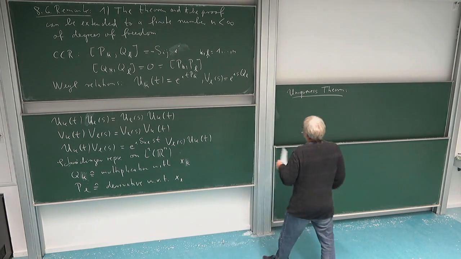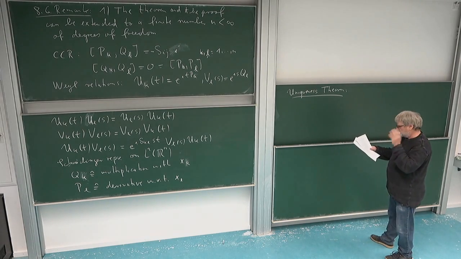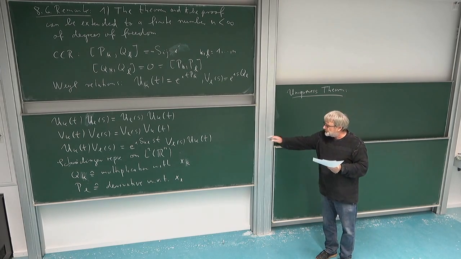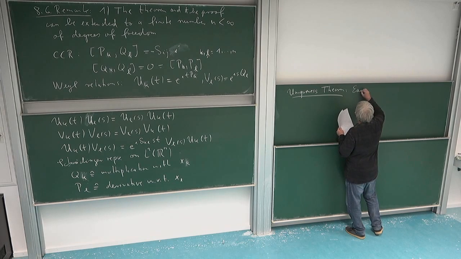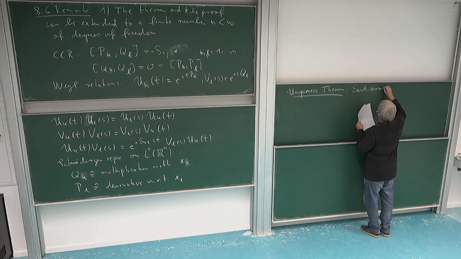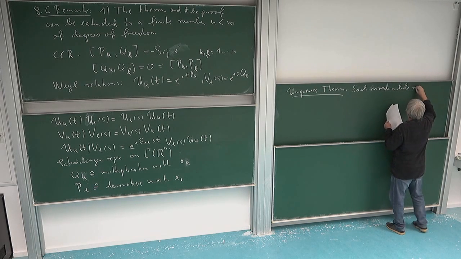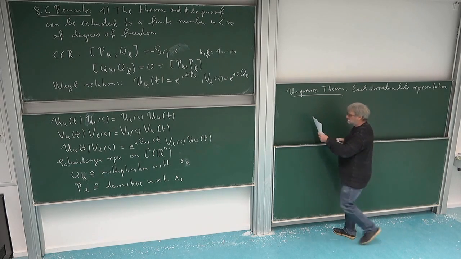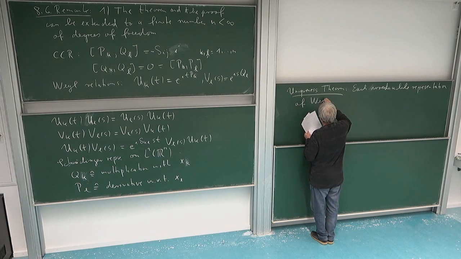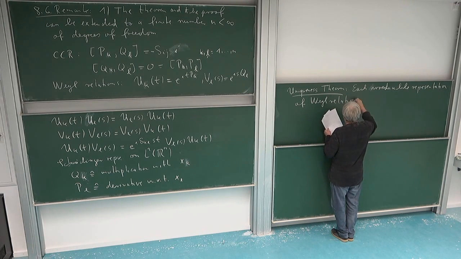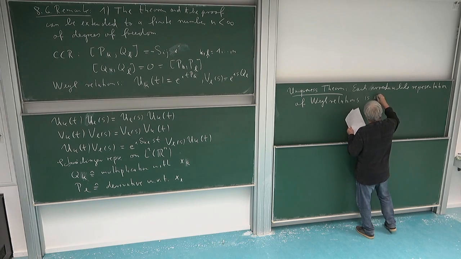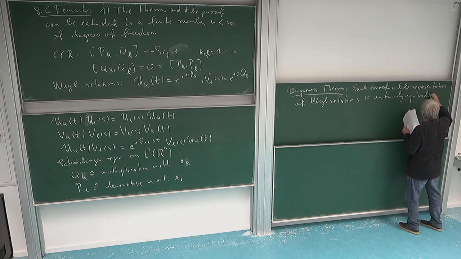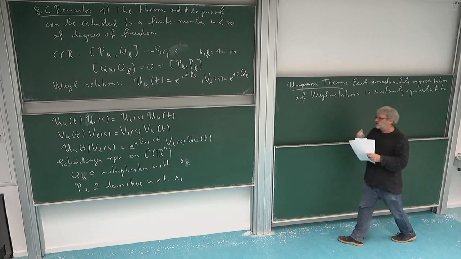So namely, each irreducible representation of the Weyl relations is unitarily equivalent to the Schrodinger representation.